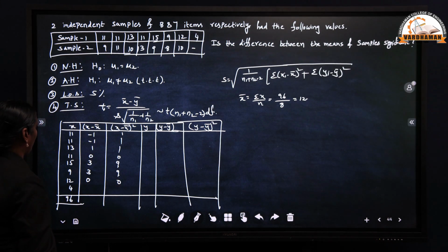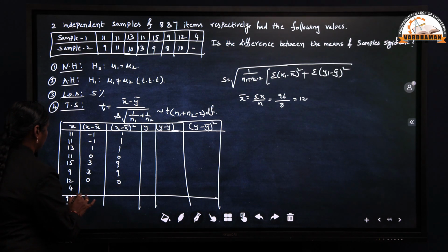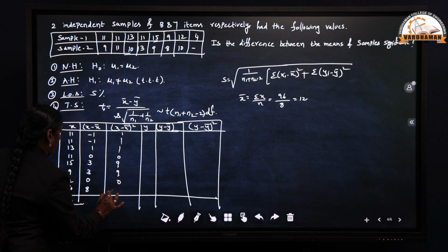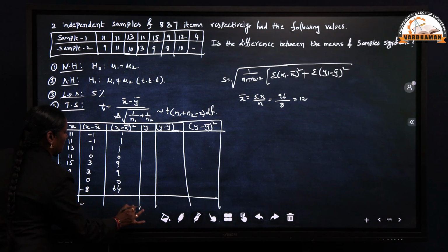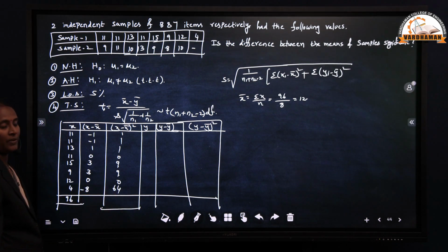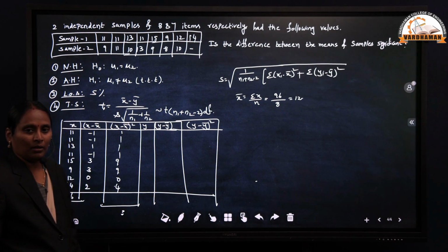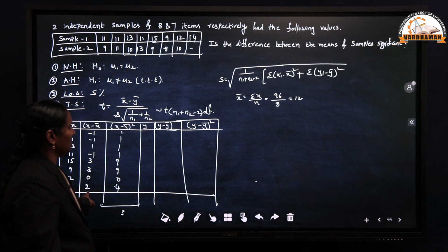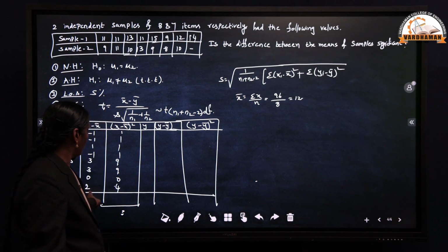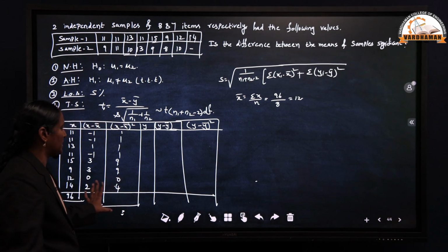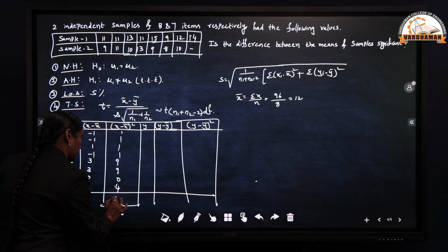And 4 minus 12 is minus 8, so it will be 64. Now 14 minus x bar 12 is 2, so 2 square is 4. Now the summation of xi minus x bar whole square will be 26.